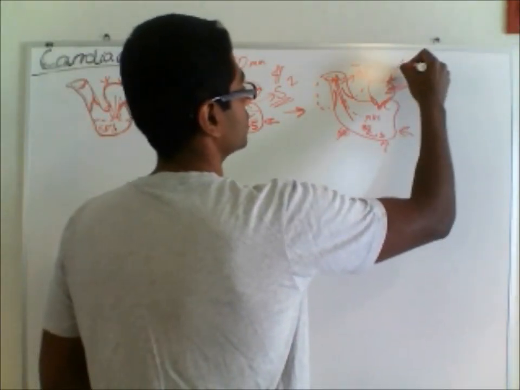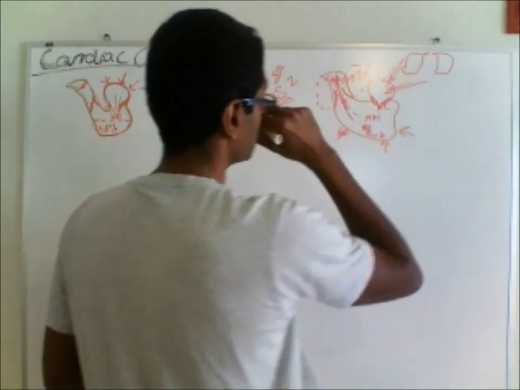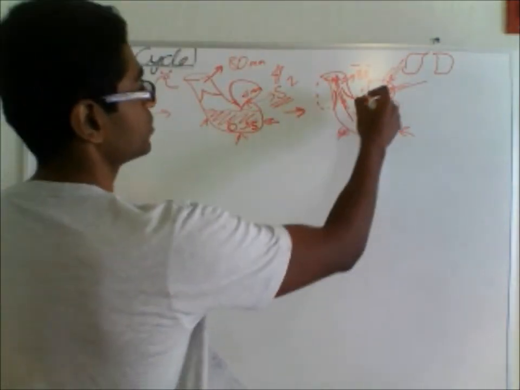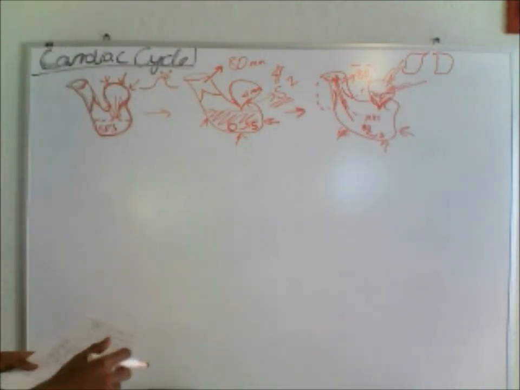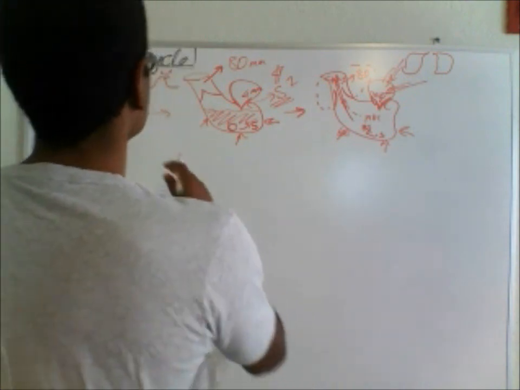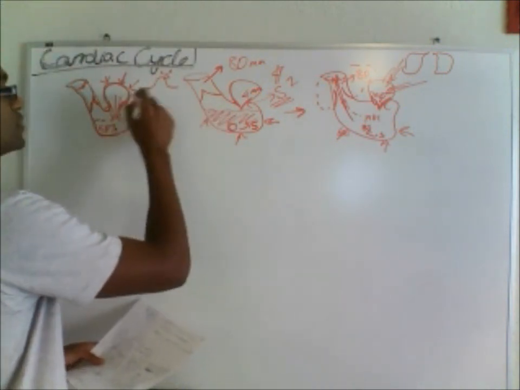So here you have your lungs, and from the lungs, blood is still being filled in the atrium. Now, if we're going over these pressure waves, the first wave is called the A. This is just for the atrium.